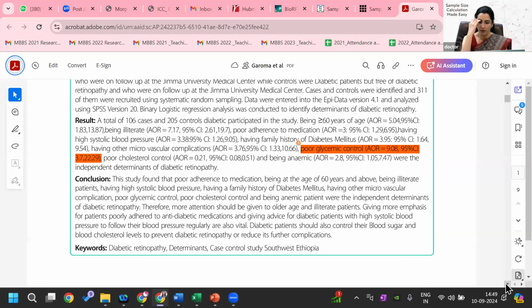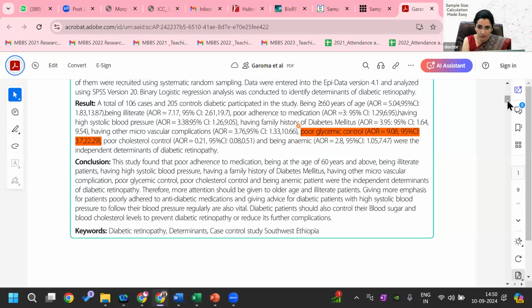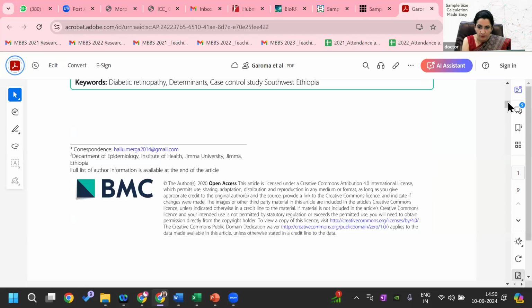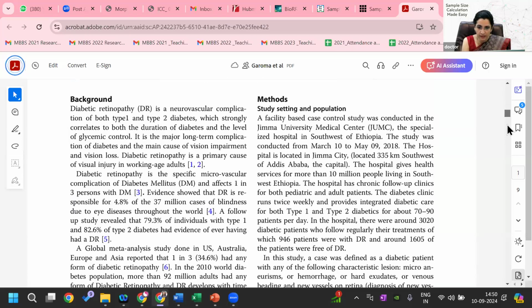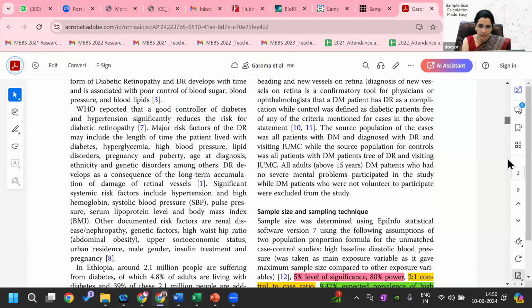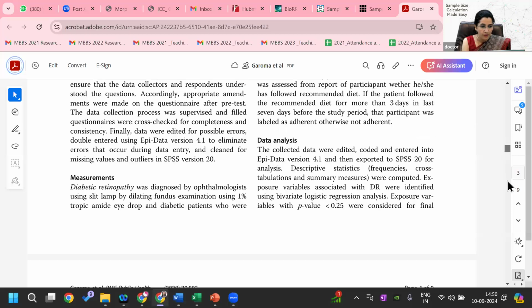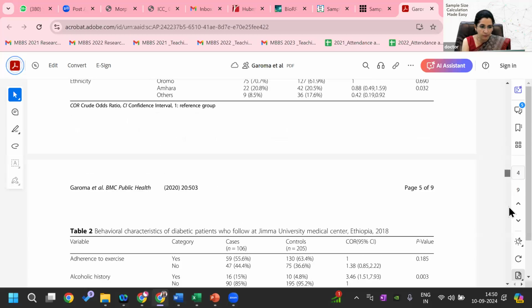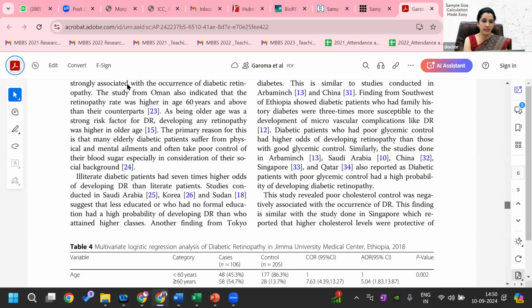Generally, the unadjusted odds ratio is the crude odds ratio. So I'll have to see the table. If I start scrolling down, since I have already seen this article, this measure is there in table 4. So this is table 4.